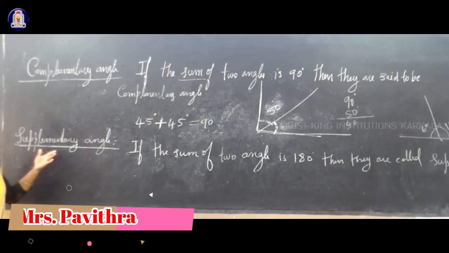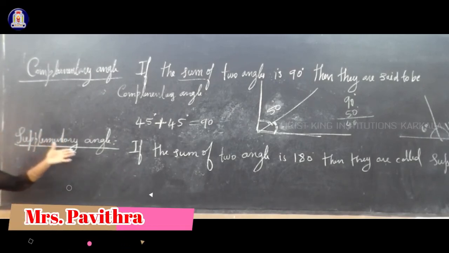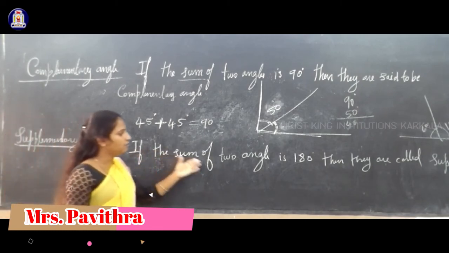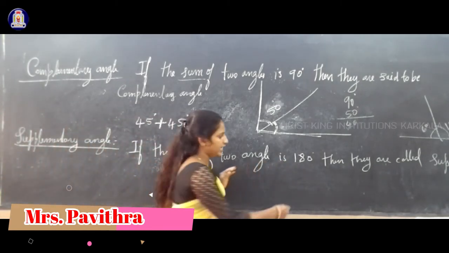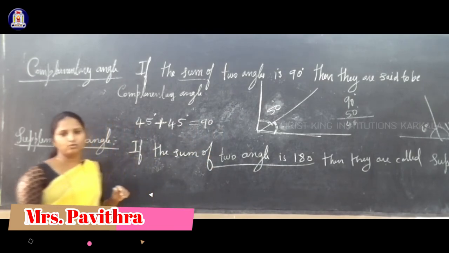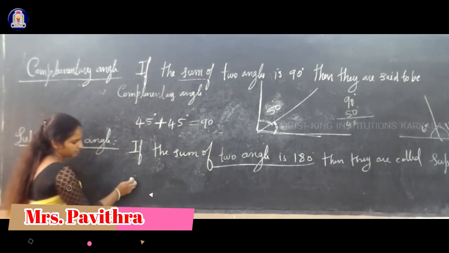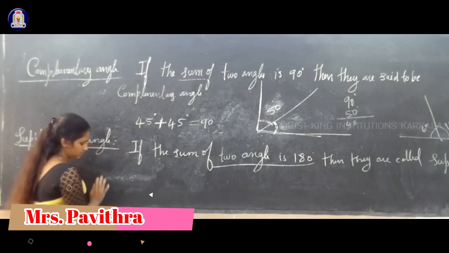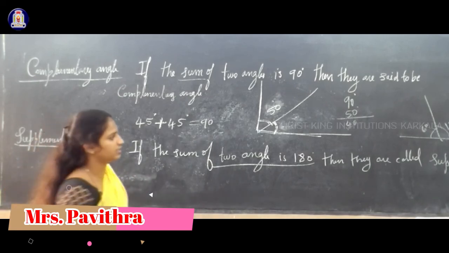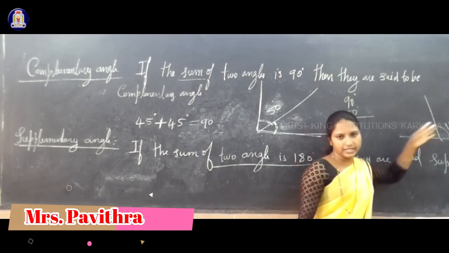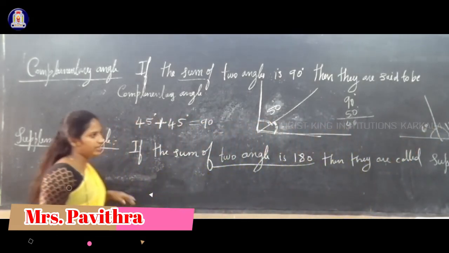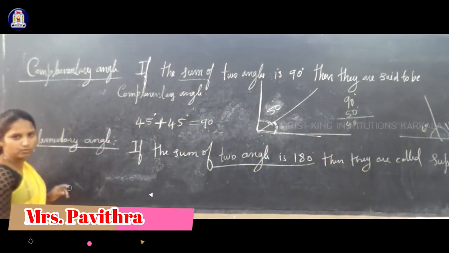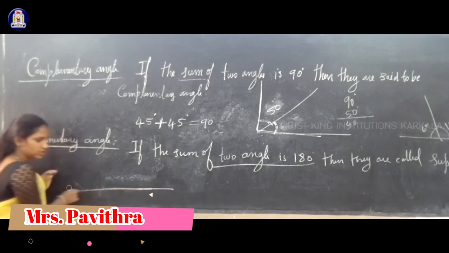Similarly, we can see what a supplementary angle is. Supplementary angle means the sum of two angles is 180 degree. Sum means plus. For example, if I add two angles, here I wrote 60 and 120 degree. So 60 plus 120 is exactly equal to 180 degree. Clear? This is a straight line.